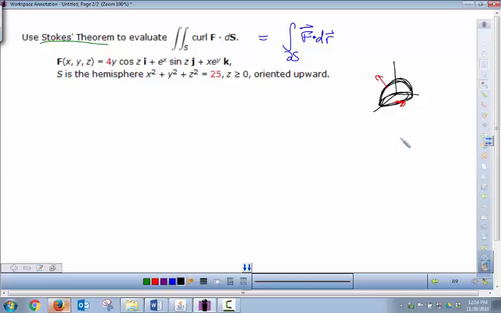If I ignore the surface itself and just focus on the curve, because that's what I'm going to end up doing, my curve is going to be spinning around in a counterclockwise direction, and it's flat on the xy plane because that's where the boundary is.